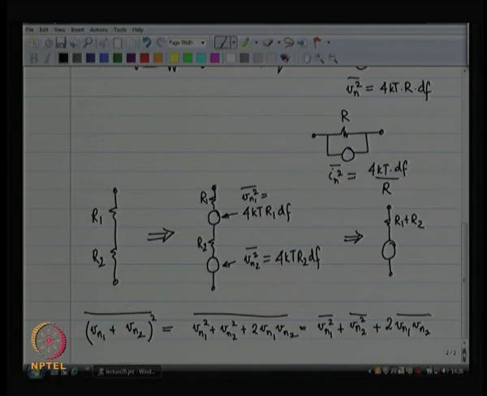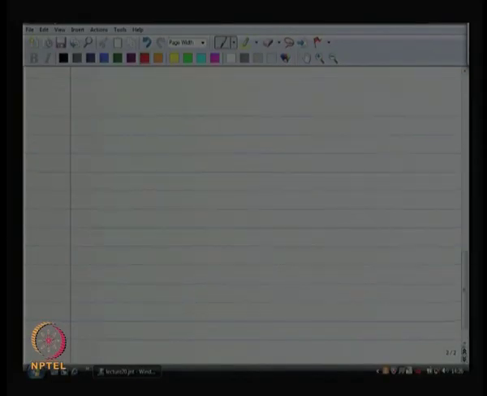Now, since these two noise sources are mutually independent, random processes that do not have any bearing on each other, the cross correlation of Vn1 and Vn2 is equal to 0, and therefore this entire term does not come into the picture.